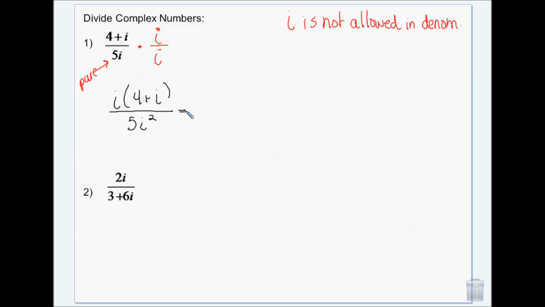So I'm going to distribute this I in the numerator and get 4I plus I squared.